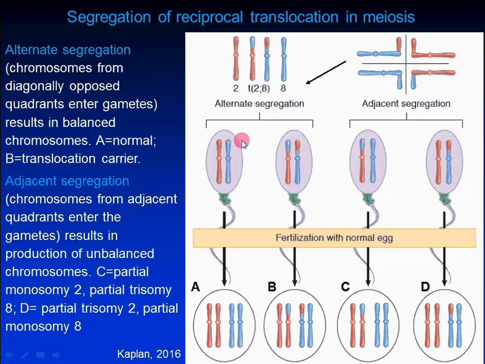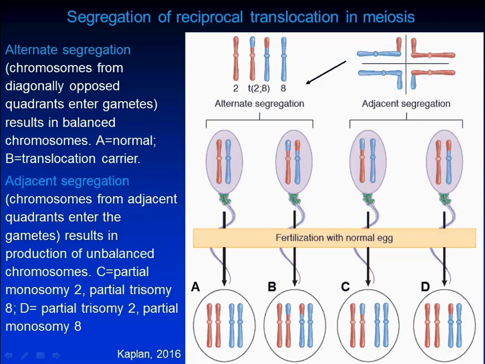When one of these sperms fertilize a normal egg, it results in a normal child and a child who carries reciprocal translocation. For adjacent segregation, chromosomes from adjacent quadrants enter the gametes. For example, these 2 chromosomes enter one gamete and the other 2 chromosomes enter the other gamete.